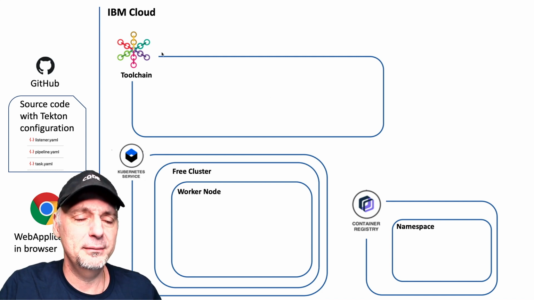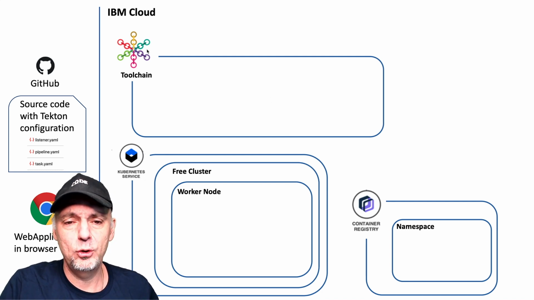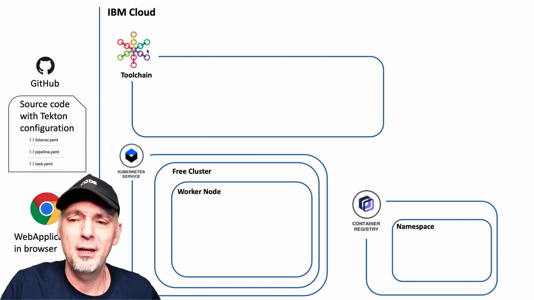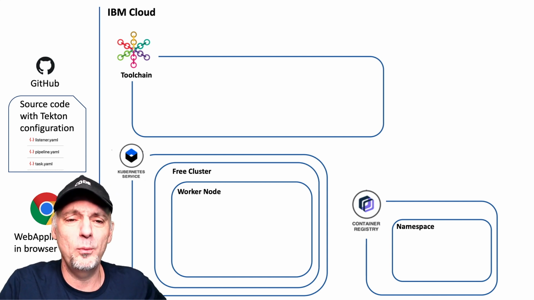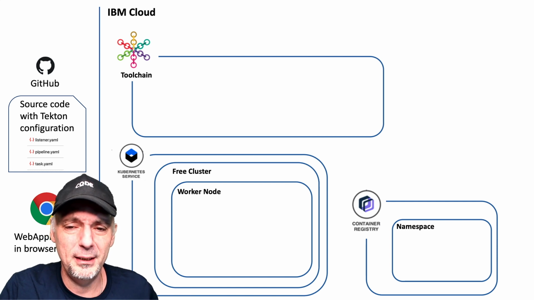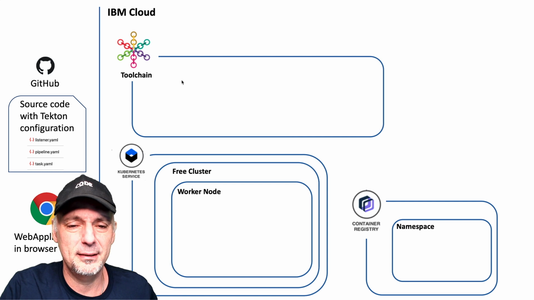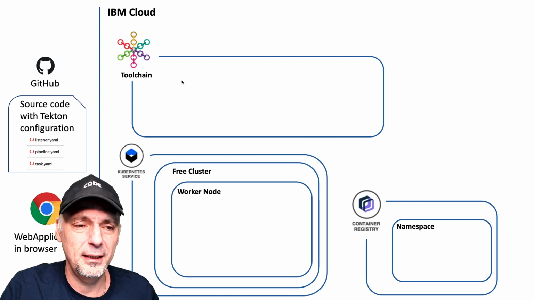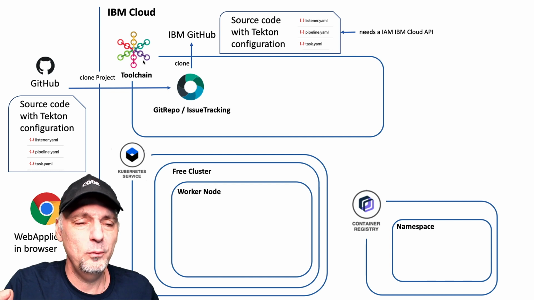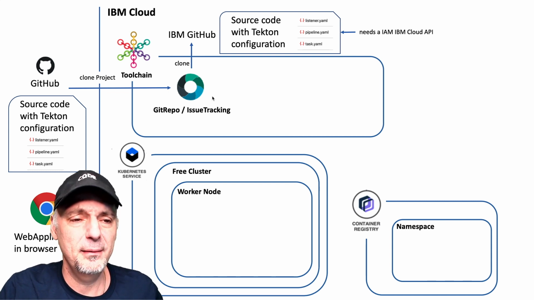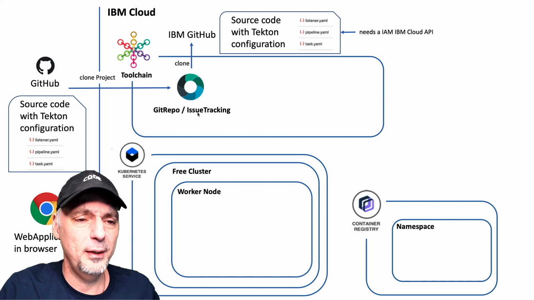Then we will create a toolchain. The toolchain is an open architecture that helps us to integrate a set of tools to build, deploy and manage our applications related to the software development lifecycle. So that's for an easier understanding of what the toolchain in common does. When we use the toolchain to do that, we first use the tool Git repo and issue tracking.